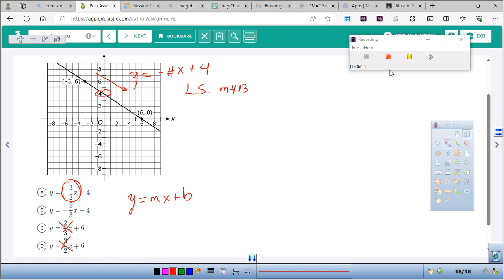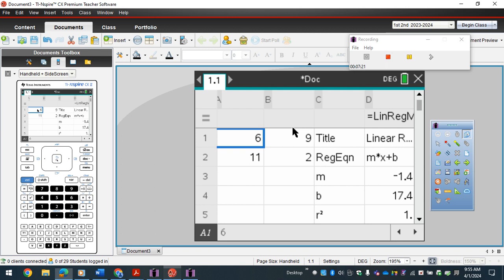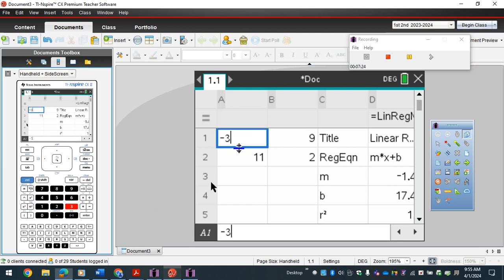So let's come out here and check it out and do this in spreadsheet. It's really easy. So we're going to go with negative 3, 6 and 6, 0. And since I did the last one, I can still just type over it.